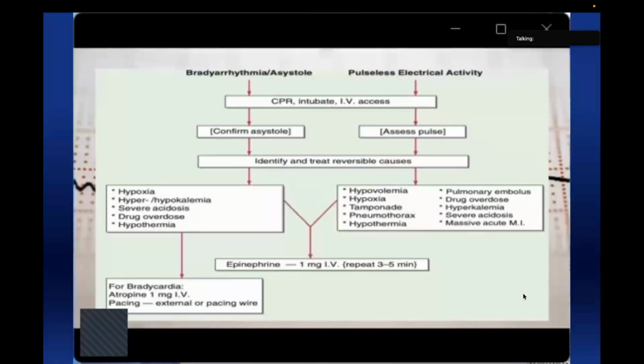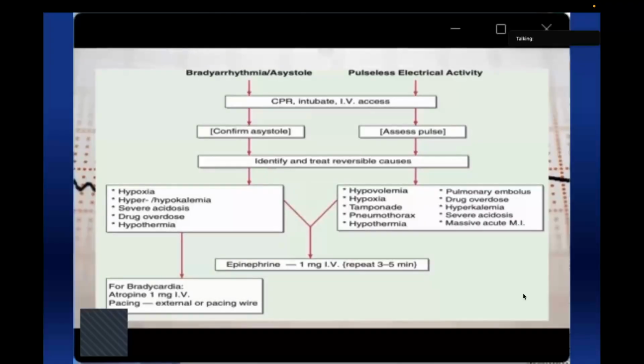ACLS. So here is your bradyarrhythmia or asystole. Now, in terms of the management for CPR, if your patient is not yet intubated, you have to intubate and get ready for an IV access because that's where we would want to give your epinephrine.